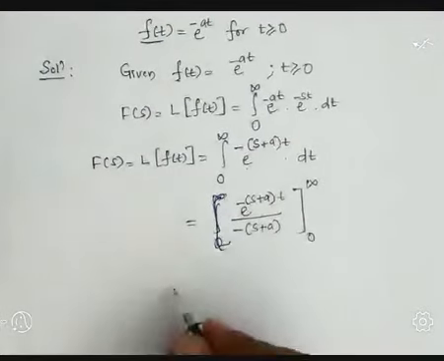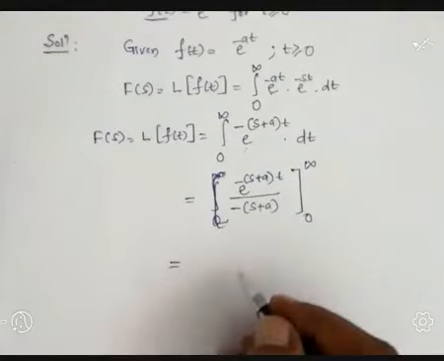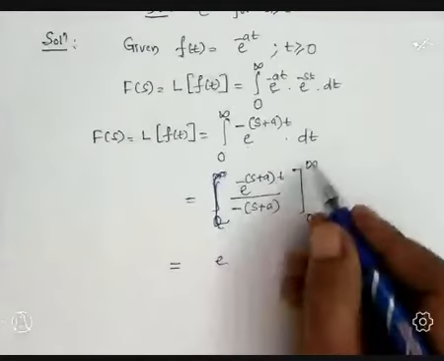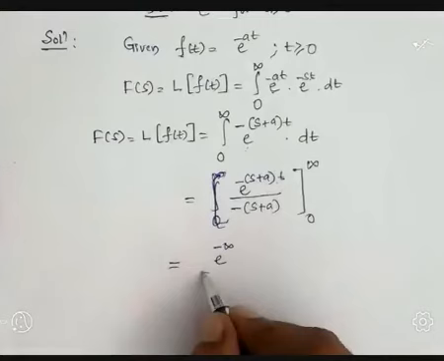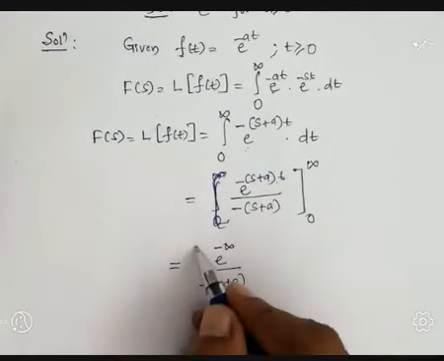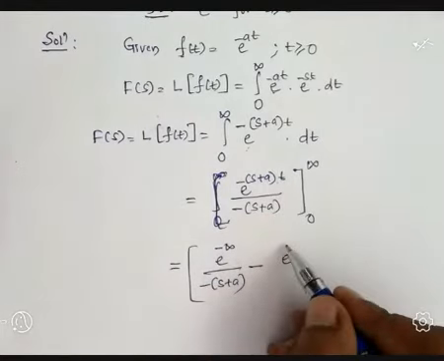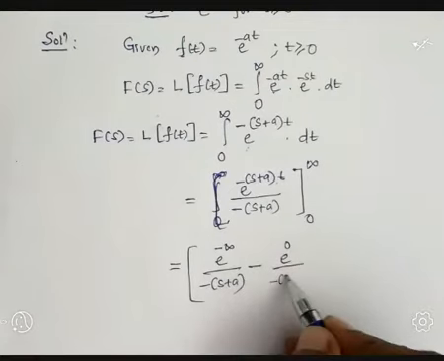Further simplification. Upper limit first: e to the power t equal to infinity, infinity multiplied by anything remains infinity, so e to the power minus infinity, divided by minus s plus a, minus e to the power t equal to 0, that is 0 multiplied by anything is 0, divided by minus s plus a.